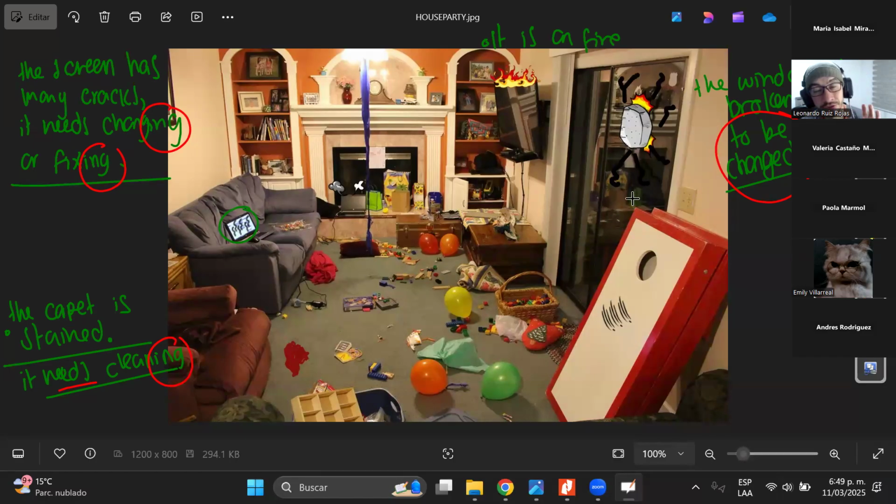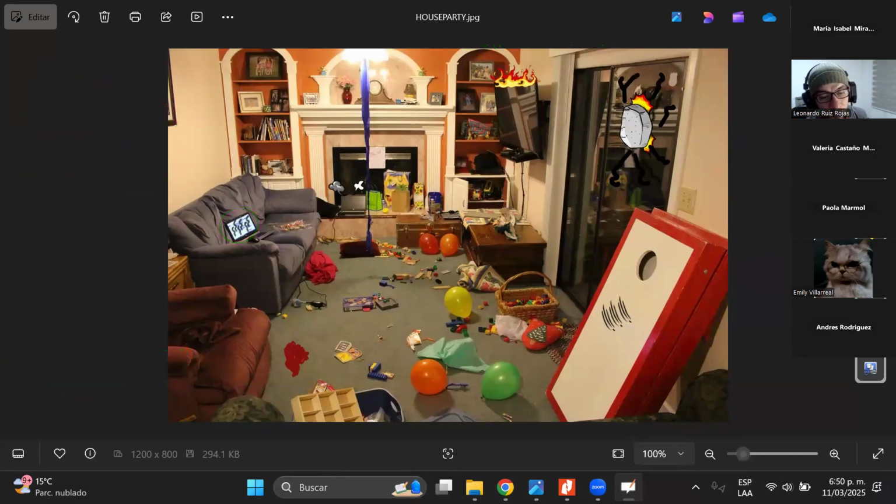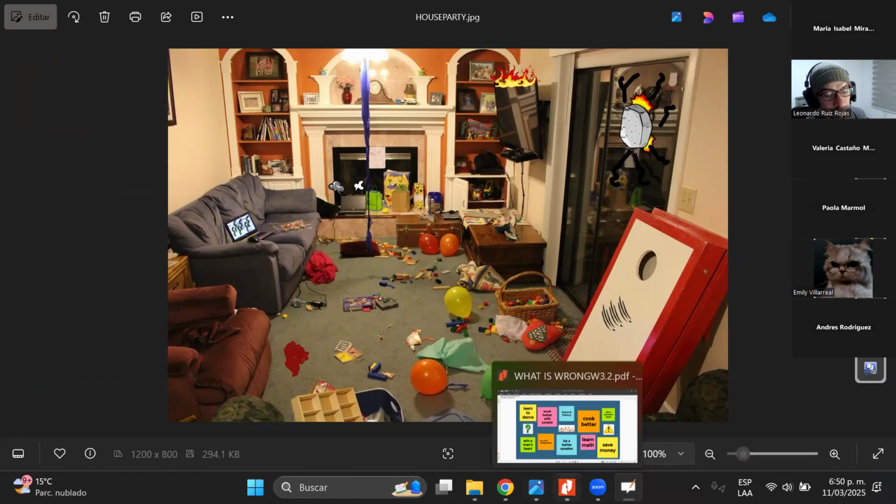It needs to be changed. Bueno, first it needs to be put off, right? First, the fire needs to be put off. Listo, guys. Muy bien. Very good. So in that case, that's the idea when we want to describe. Well, the topic of the week was about buying objects, no, purchasing objects, right? And here the idea was to describe possible problems that we may have with those objects, right?